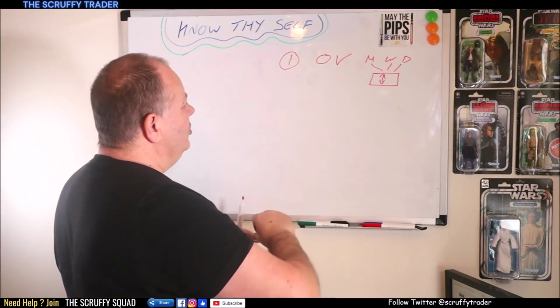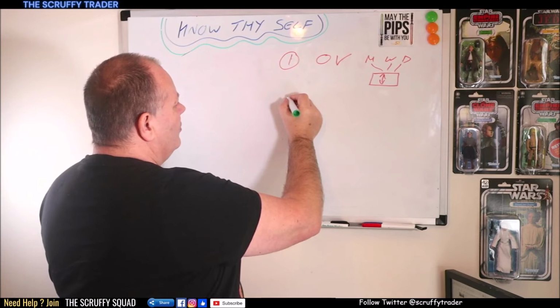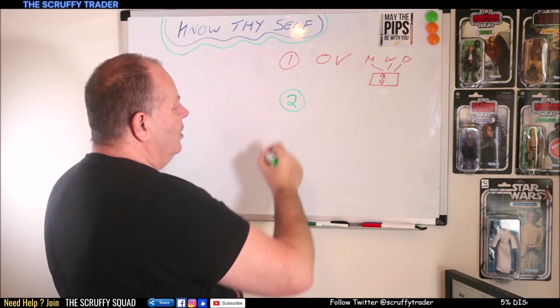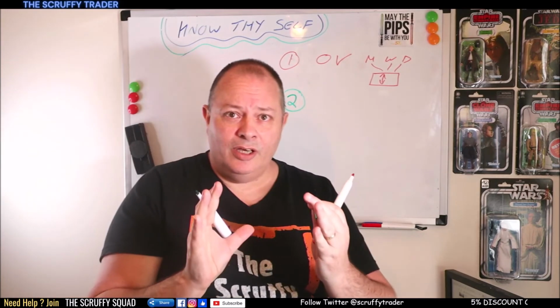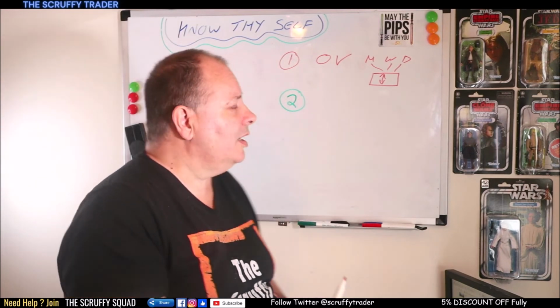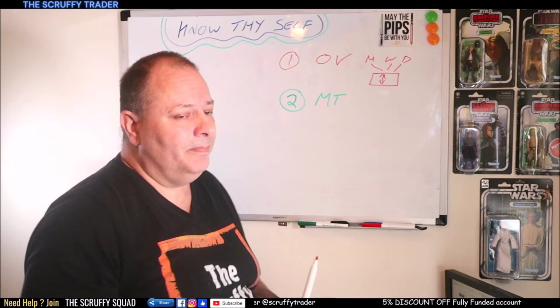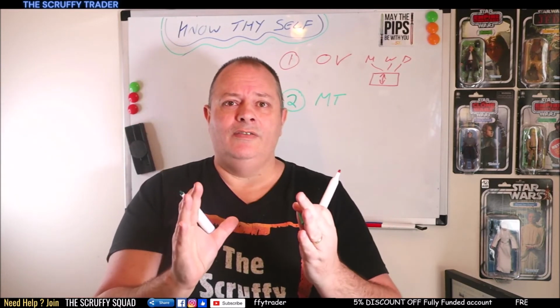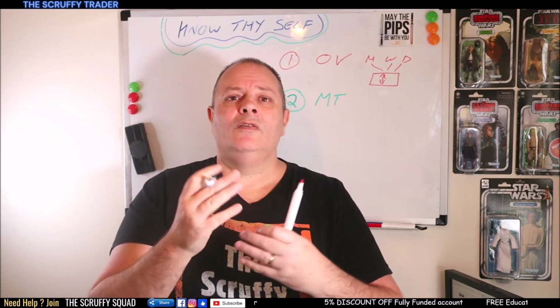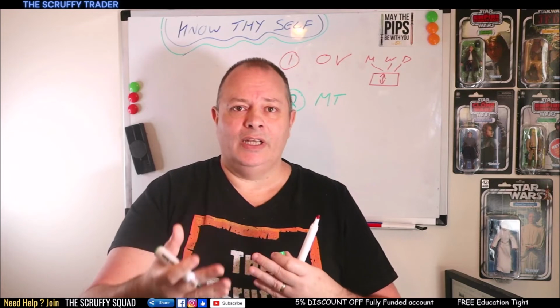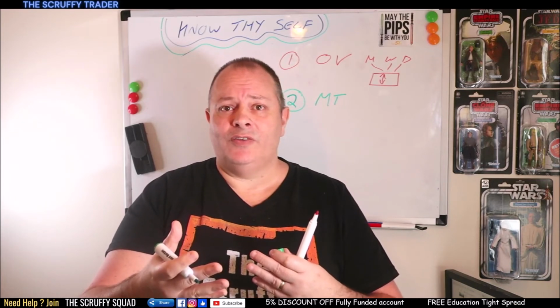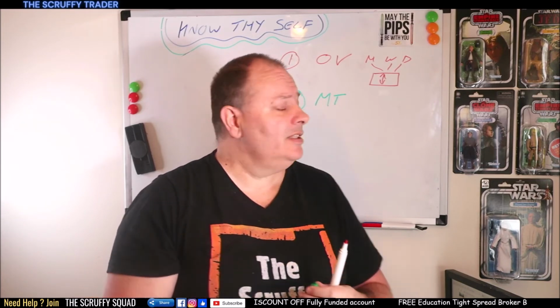You're then going to look at the midterm. We'll just mark this as MT for now. This is giving you confluence for the day over the next few hours to the next couple of days.